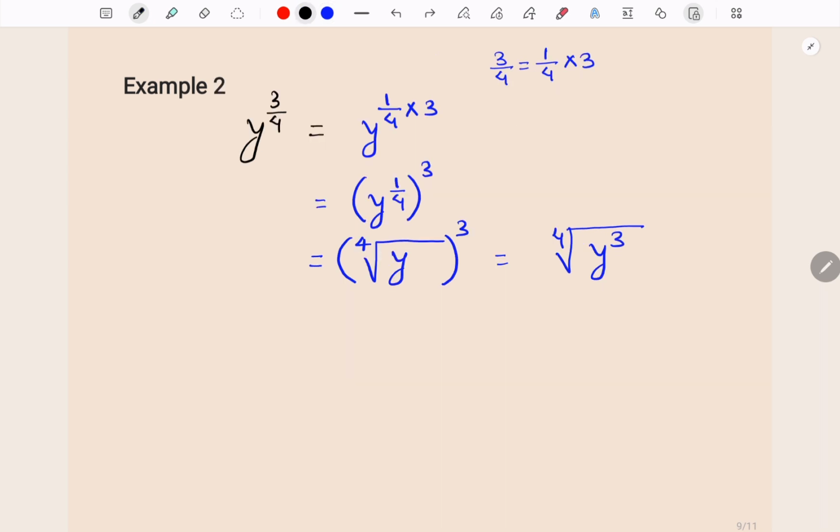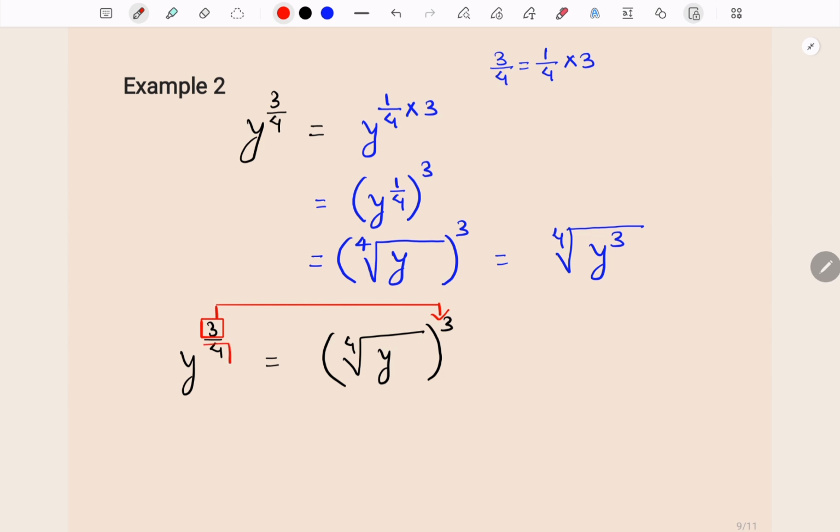Similarly, in the second example, we had y raised to the power 3 over 4 and it became the fourth root of y, whole cubed. Now look carefully, we had 3 as the numerator. This 3 became the power and we had 4 as the denominator.